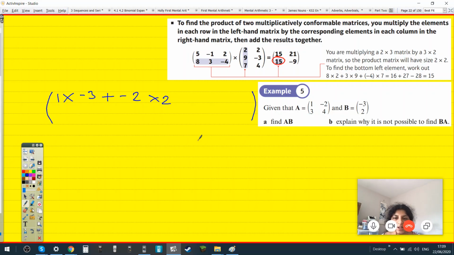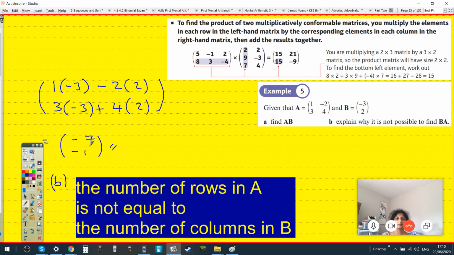And then 3 times minus 3 plus 4 times 2. And that gives you minus 7 on the top, and then minus 1 on the bottom. You're right: minus 7, minus 1.